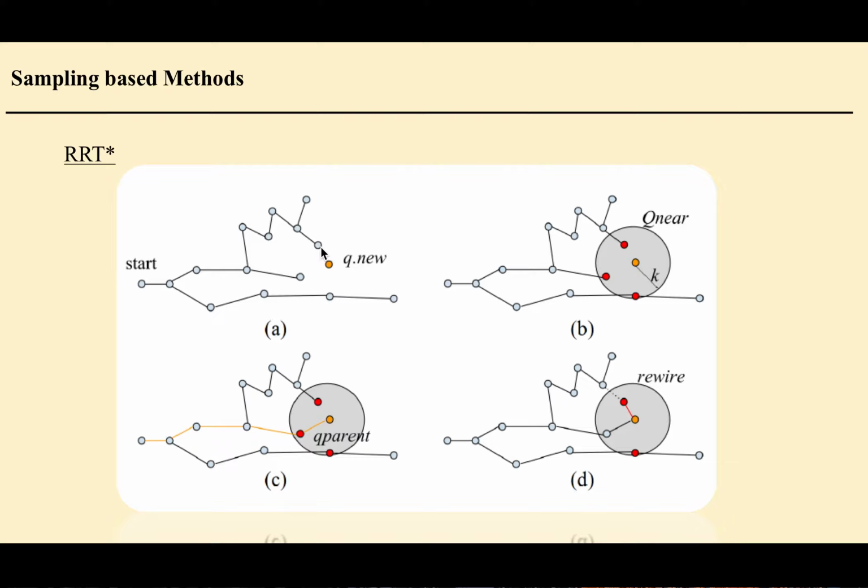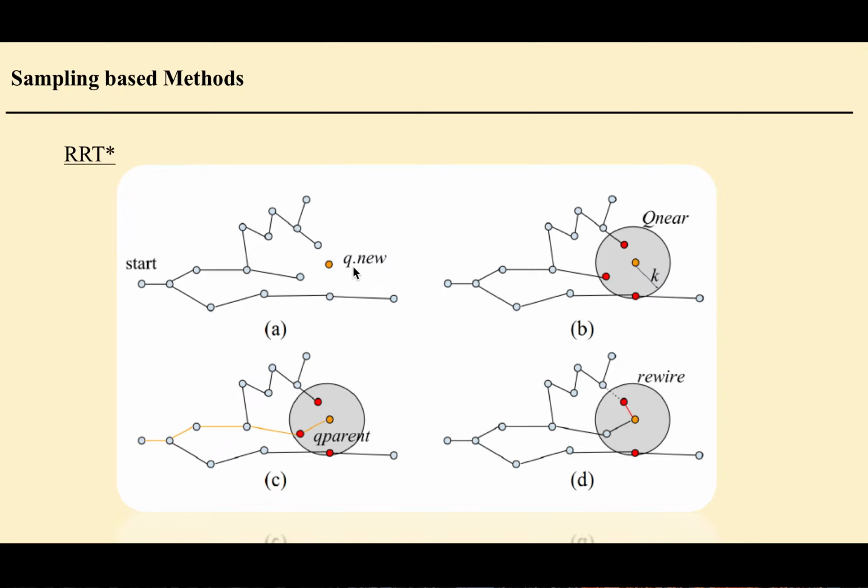So from a node, we generate enough random nodes, and we look for the nearest one to that node. Once we find it, we call it Q new. We don't connect it to the parent node.